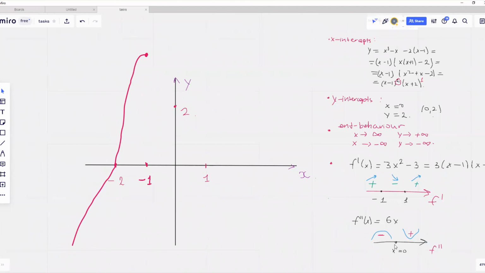Also, our concavity changes at point 0 from concave down to concave up. So our graph will look something like that. It's concave down, so it should have been smoother, but that's fine. And at point y is equal to 2, our function is going to intercept the y-axis, after which it is concave up now.